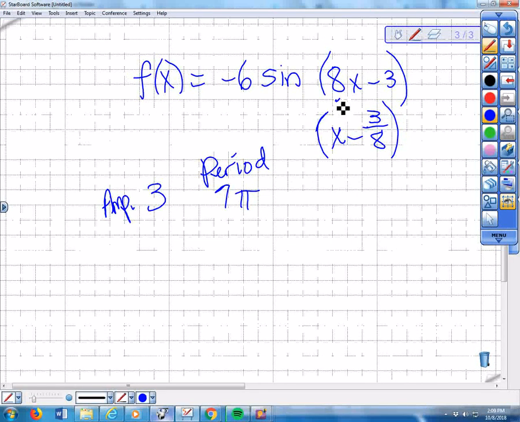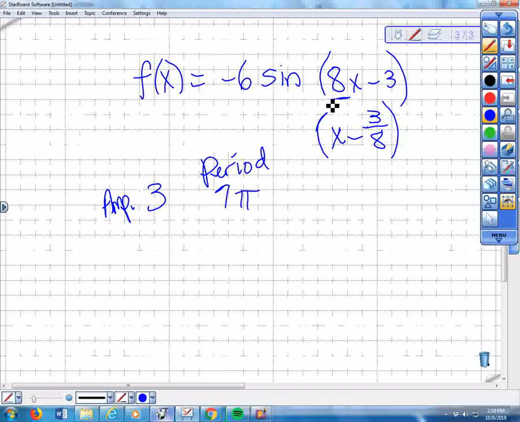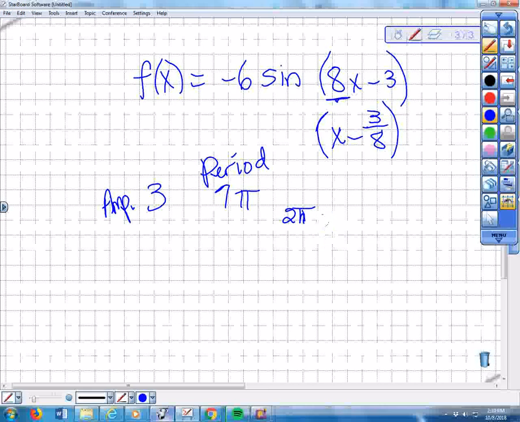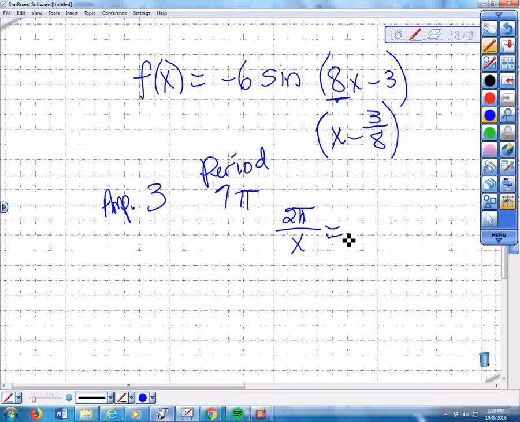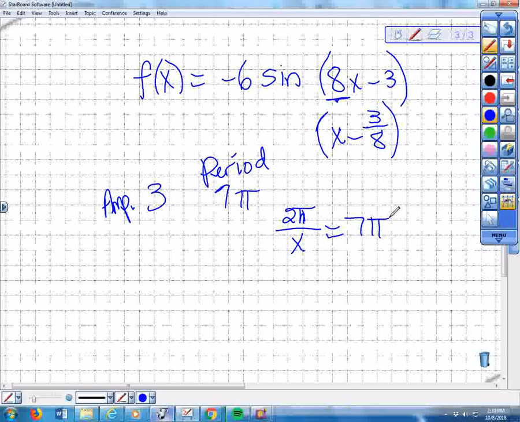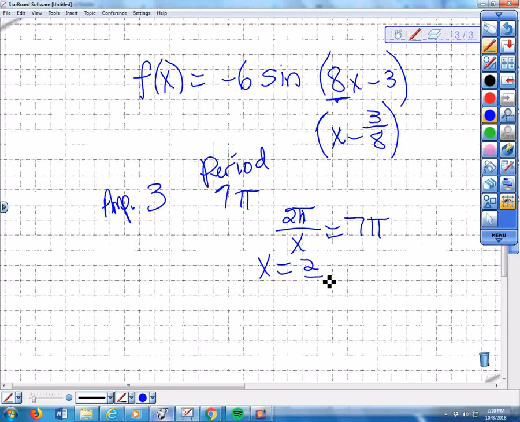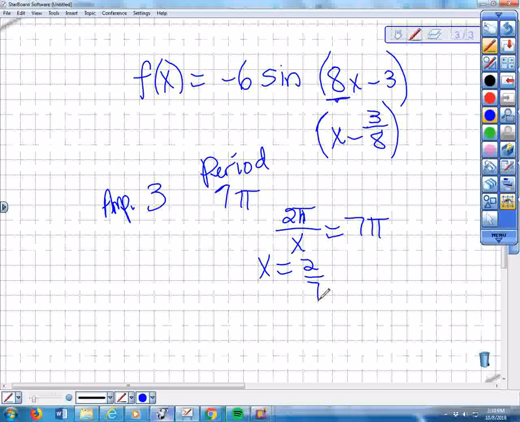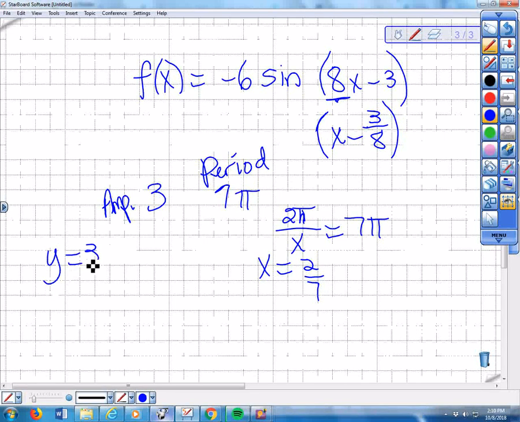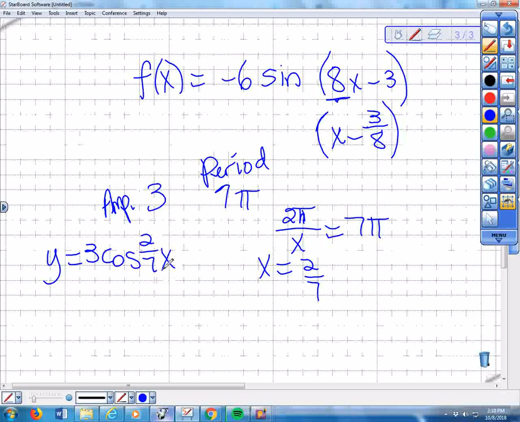By taking 2 pi and dividing it by this. Well, I'm trying to find this, so let's just call that x. I have 2 pi over x equals 7 pi. So x would be what, 2/7? And amplitude's 3. So it would be y equals 3 cosine 2/7 x.